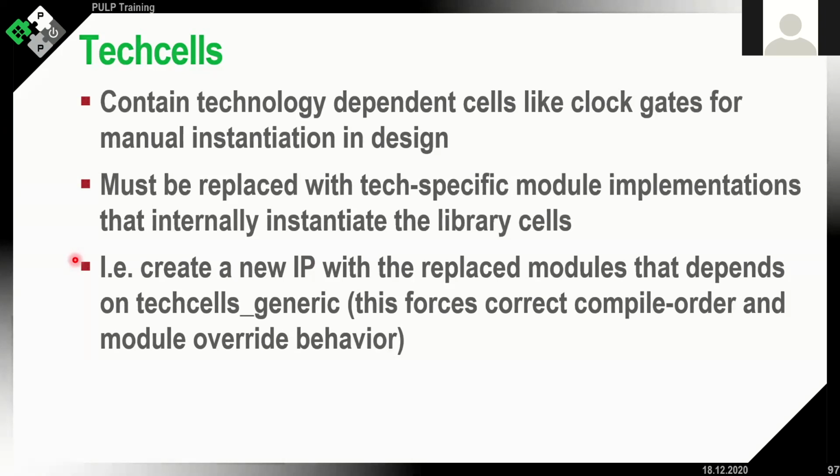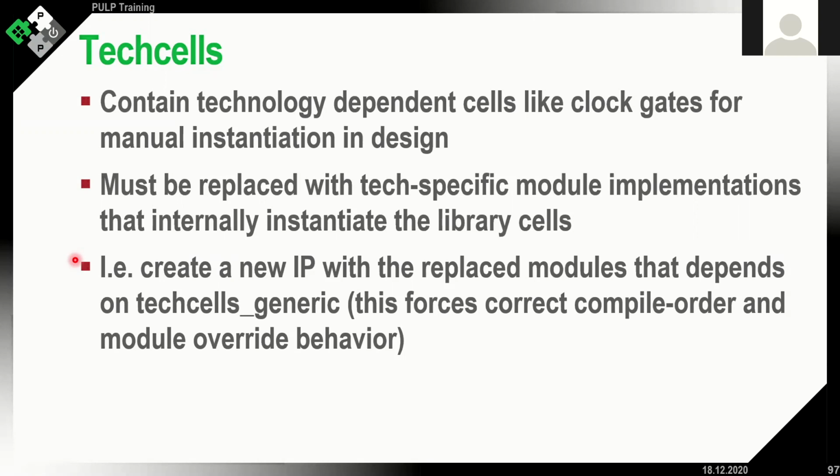But the important thing to note is that if you are actually doing a tape out or an FPGA port, those technology specific cells, which in the tech cells generic repository are just behaviorally described, need to be replaced with the cells of your particular technology.